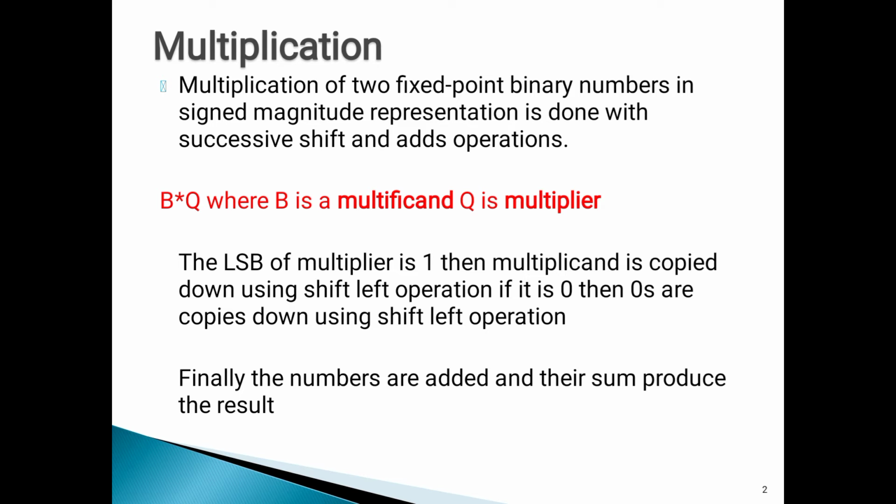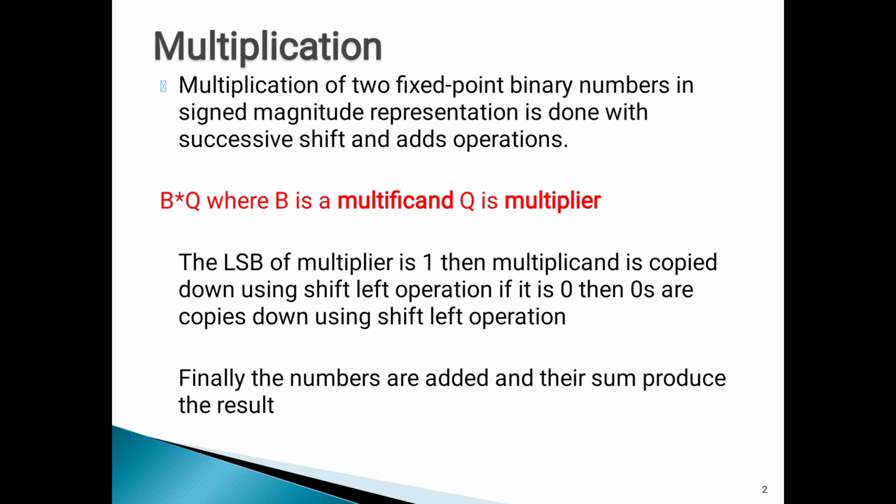So if the least significant bit of multiplier is 1, then multiplicand is copied down using shift left operation. If it is 0, then zeros are copied down using shift left operation. That is the operation of multiplication, right? So finally the numbers are added and their sum produces the result. There are two conditions.